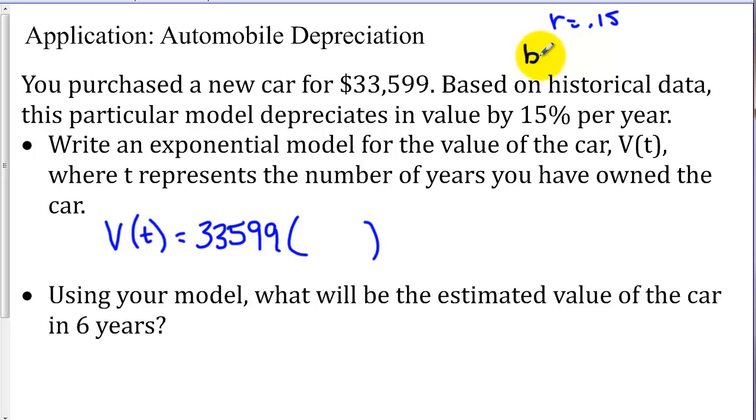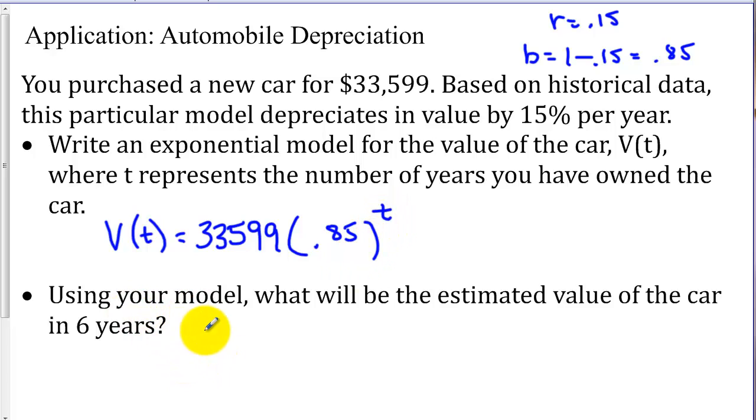But our B value, since it's a decay problem, will be 1 minus 0.15, which is going to be 0.85. And our time is number of years we've owned the car. So this would be the model. The model will always have a letter in for our X.